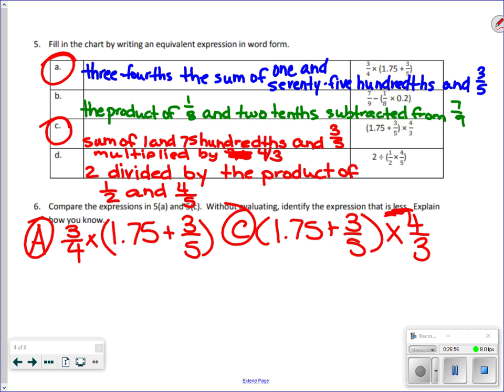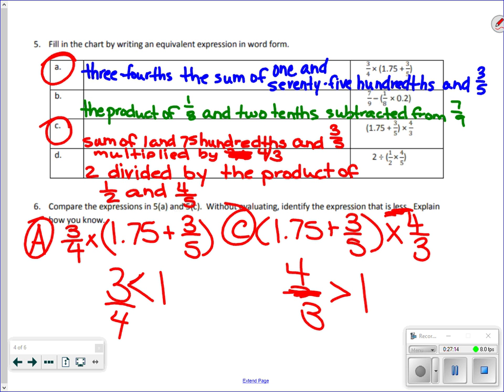A, because 3/4 is less than 1. Yes. Scaling. We took a whole test on that.